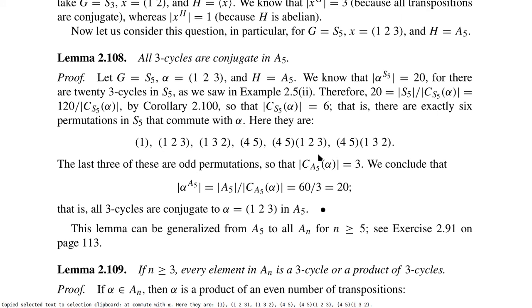So these are: (1 2 3), (1 3 2), (4 5), (4 5)(1 2 3), (4 5)(1 3 2), and the identity. And the last 3 of these are odd permutations.